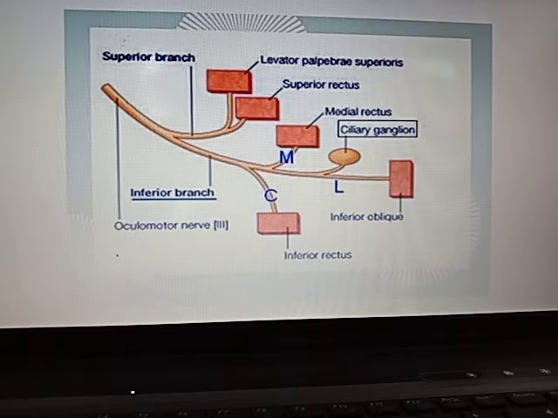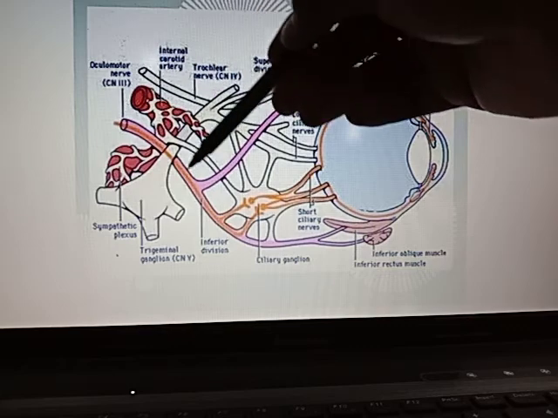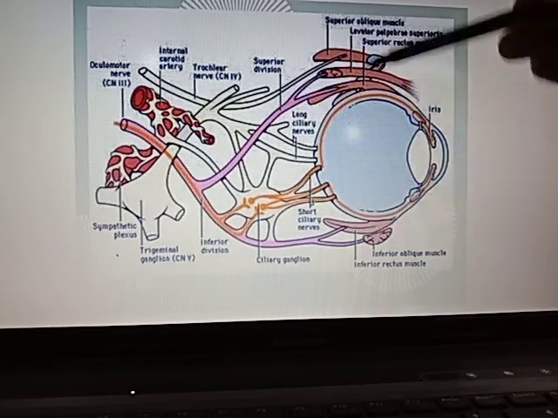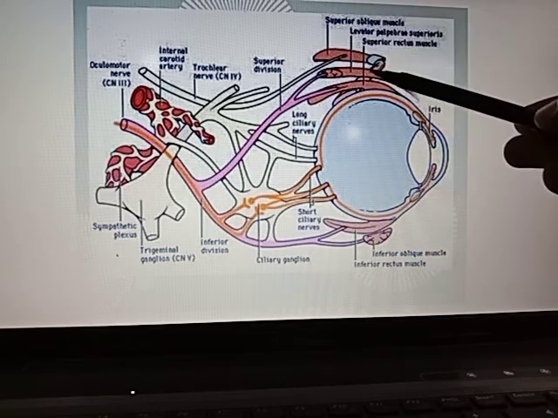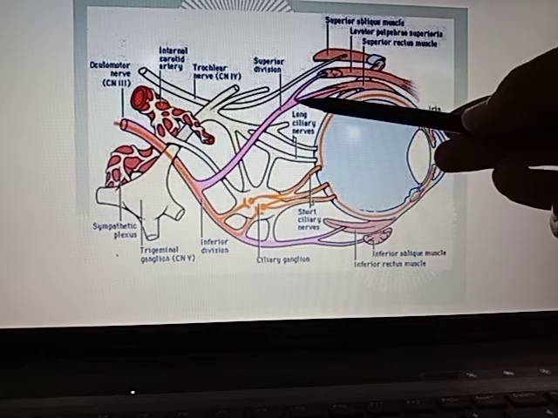the ciliary muscle and the sphincter pupillae by the connection to the ciliary ganglion. This is the ciliary ganglion. The oculomotor nerve supplies the muscles of the extraocular part. This is the superior oblique, which is not supplied by the oculomotor nerve.